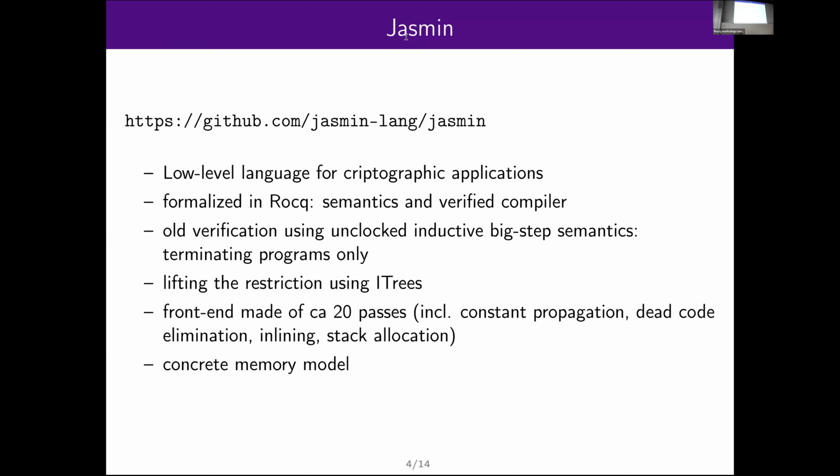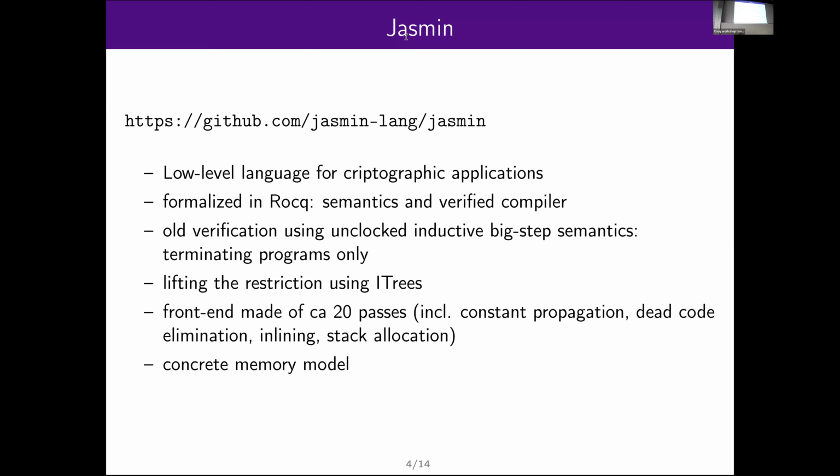The compiler is verified currently, well, at least in the past and up to now, using a semantics for terminating programs, essentially an unclocked big step semantics. So only for terminating programs. We wanted to lift this restriction by switching to interaction trees.